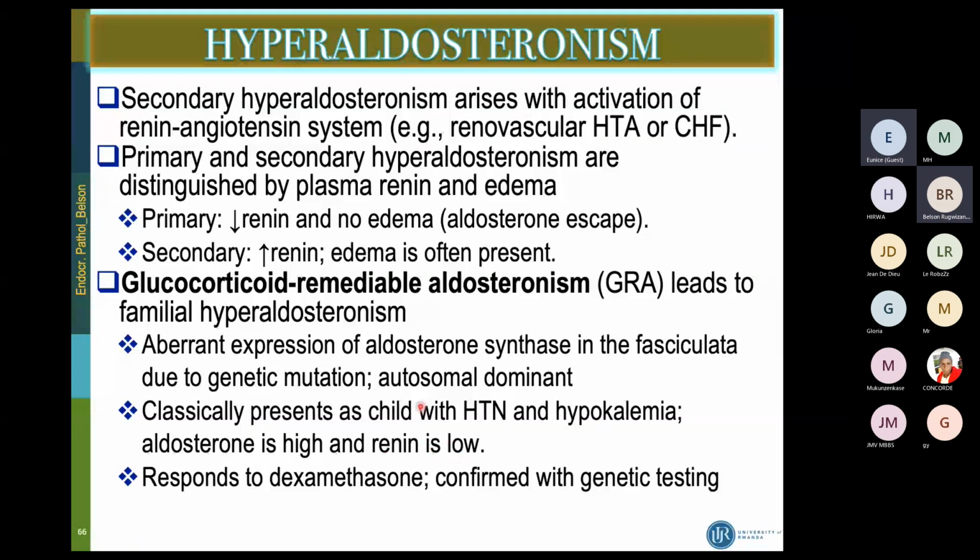So laboratory findings will show features of primary hyperaldosteronism, but you will see if there is edema or not. These ones respond to dexamethasone.